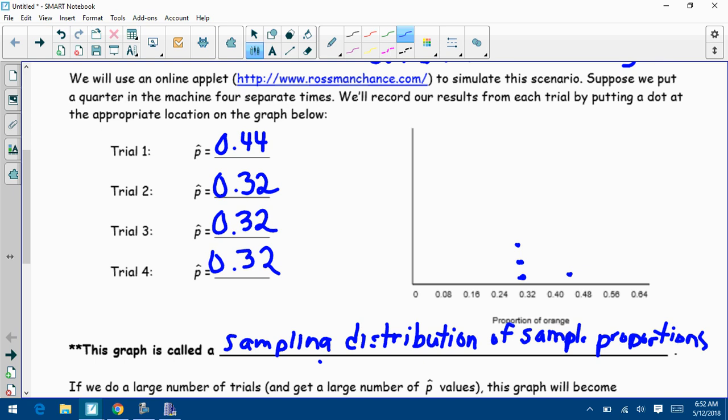So each p-hat is a sample proportion. It's how many oranges I got in one sample. All of the p-hats together on this graph is called a sampling distribution because I can see in a lot of trials where these p-hat values fall, how they're distributed. So sampling distribution of sample proportions.